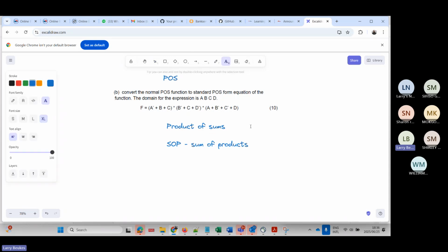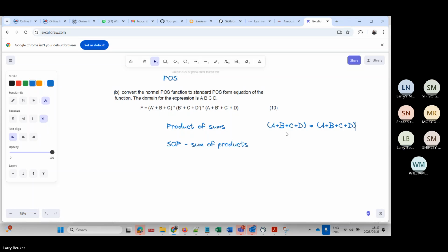So it means that we have A plus B plus C plus D, right? For product of sums, we have this multiplied by something. A plus B plus C plus D, right? This is what we have.